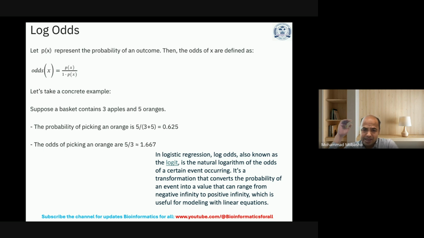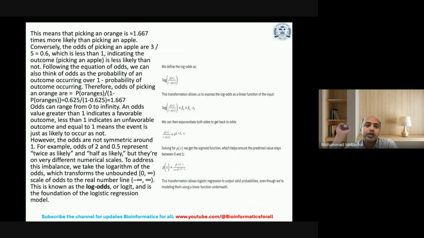Then you need to understand in logistic regression log odds, which is also known as logit. It is the natural logarithm of the odds of a certain event occurring. It is a transformation that converts the probability of an event into a value that can range from negative infinity to positive infinity, which is useful for modeling with linear equations.